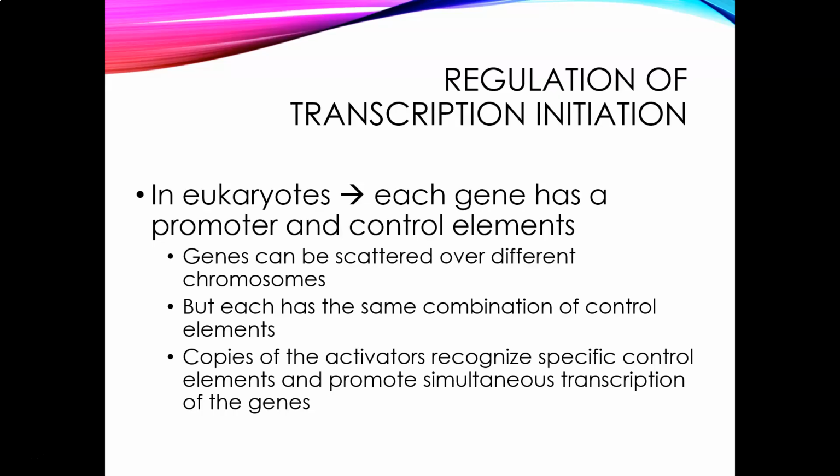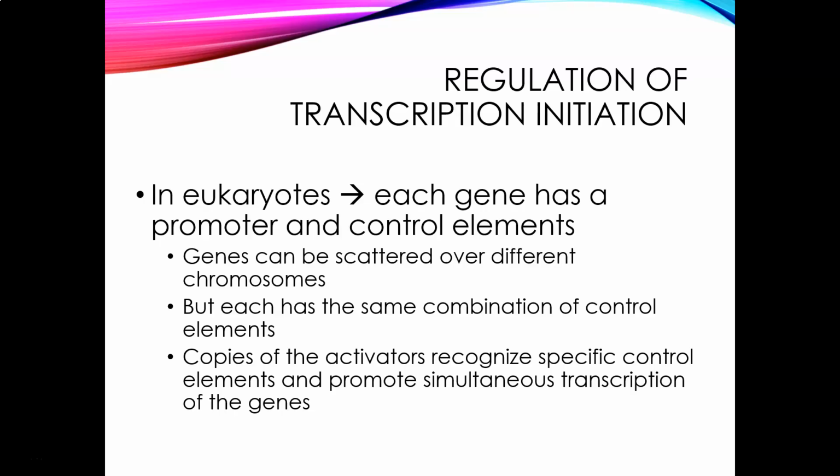So in eukaryotes, each gene has its own set of promoters and control elements. Those genes can be relatively close to those control elements, or those genes can be scattered across a bunch of different chromosomes. But each has the same combination of control elements. So I can use similar activators or similar repressors.